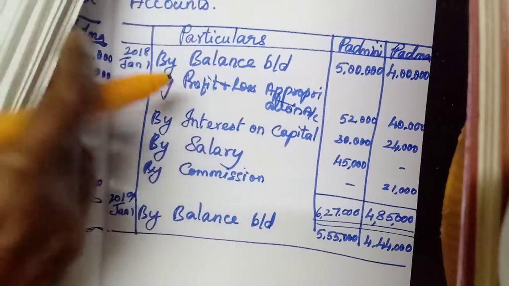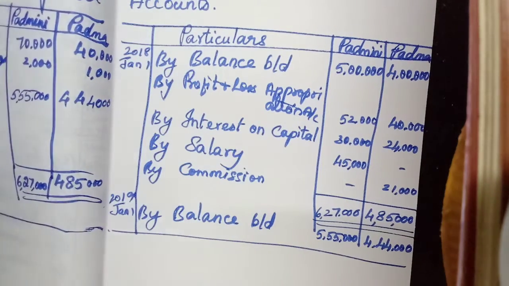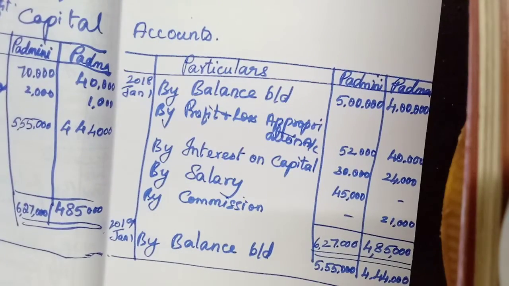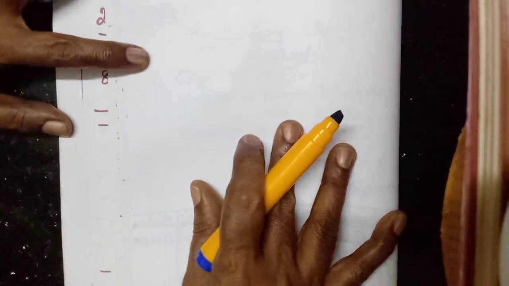Okay, then the next heading only we have to learn. Before that, we will learn the differences between the fixed capital method and the fluctuating capital method. We have learned two methods and problems also we have done.